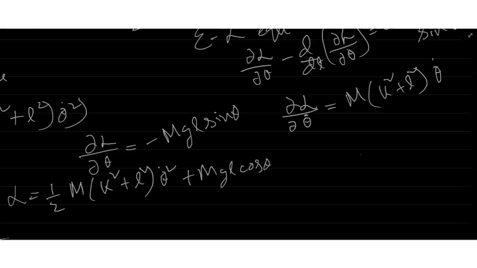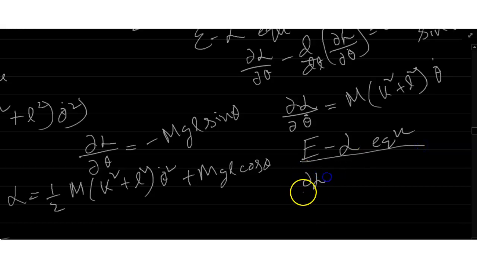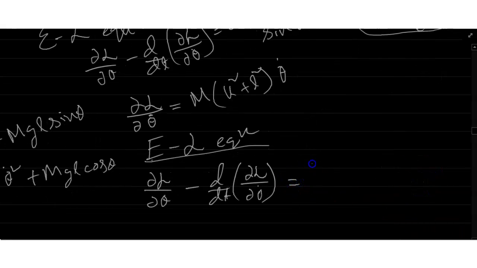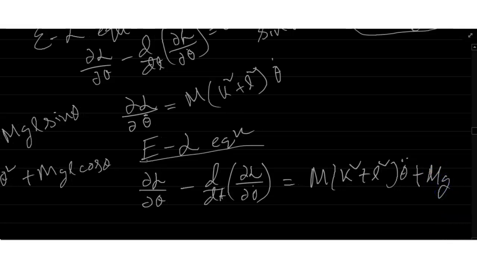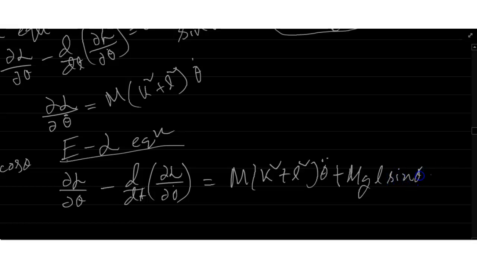Now I have to find the Euler-Lagrange equation: del L by del theta minus d/dt of del L by del theta dot equals minus M (K square plus L square) theta double dot minus mgL sin theta equals 0.